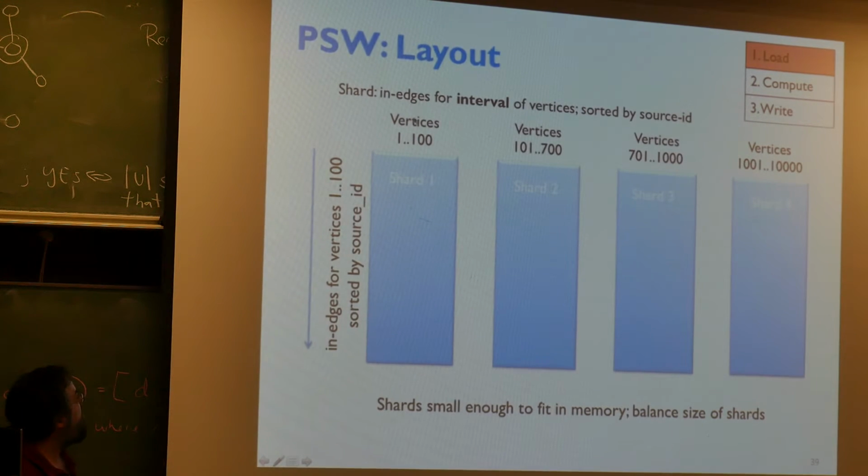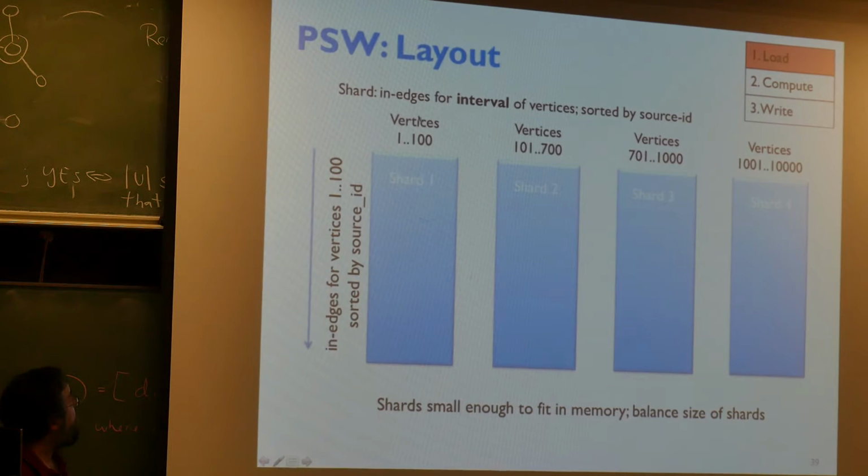Very concretely, these are vertices 1 to 100, 101 through 700, 701 to 1,000. These are different intervals, and we want to make them small enough to fit in memory comfortably, because we're really going to put them in memory and maybe keep a little bit more stuff in memory.